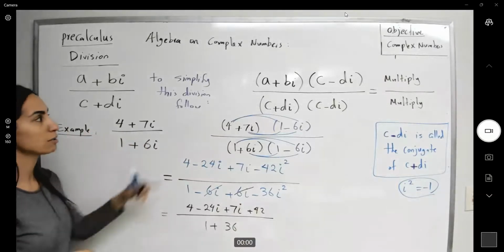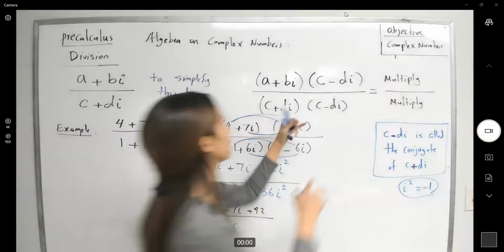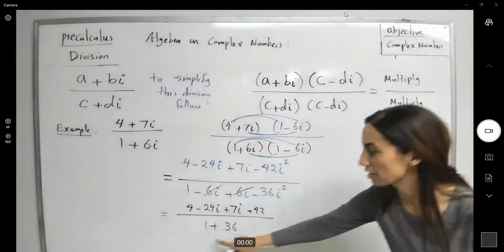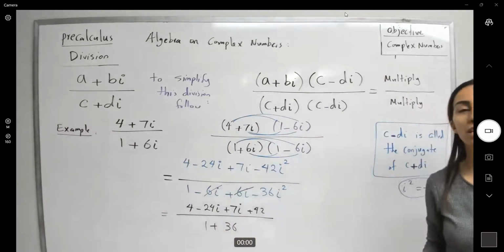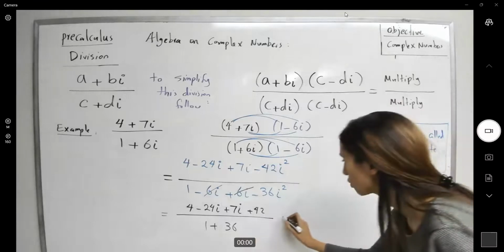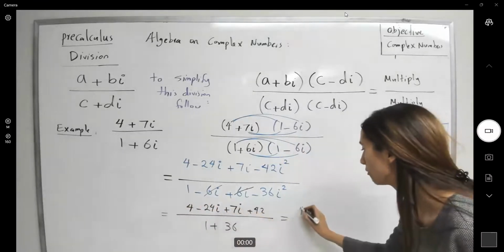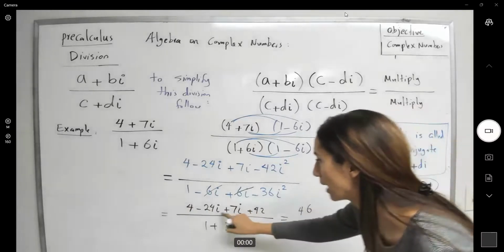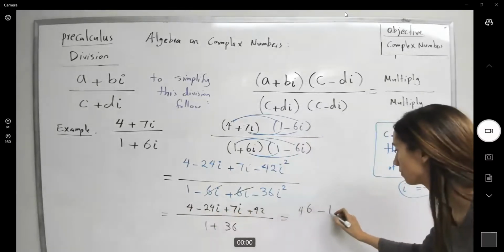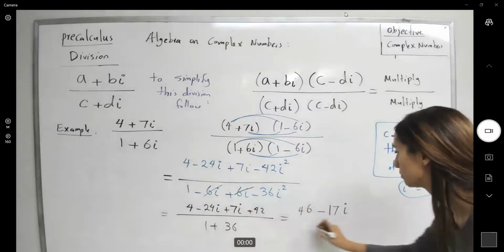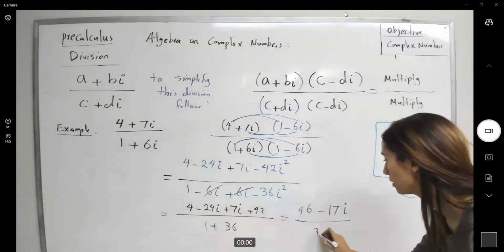That's why we multiply by the conjugate of the denominator. As you can see on your denominator, you're left with a real number. So this guy becomes 4 plus 42, 46, and minus 17i divided by 37.